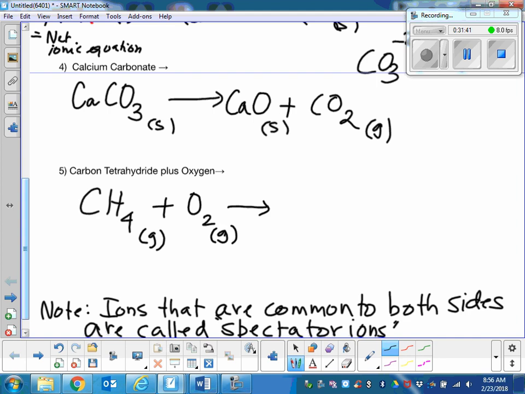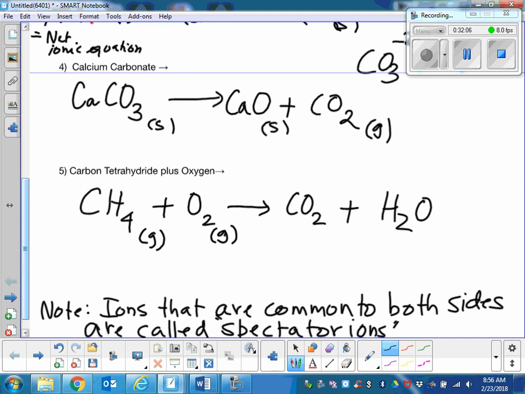What is the type of reaction? It's combustion. What are the products of a combustion reaction? Carbon dioxide and water. All right?